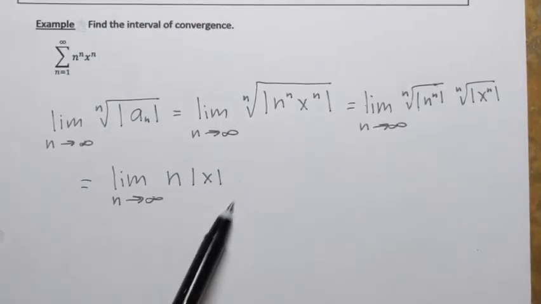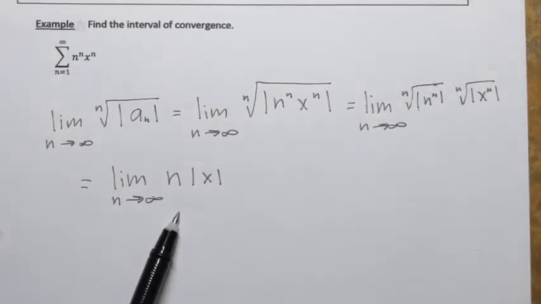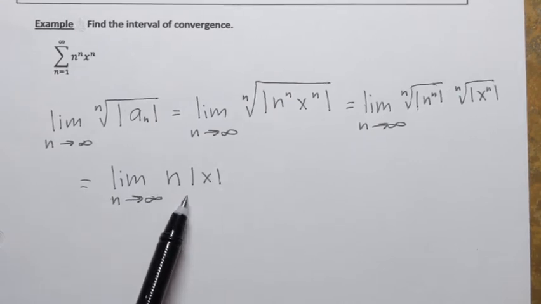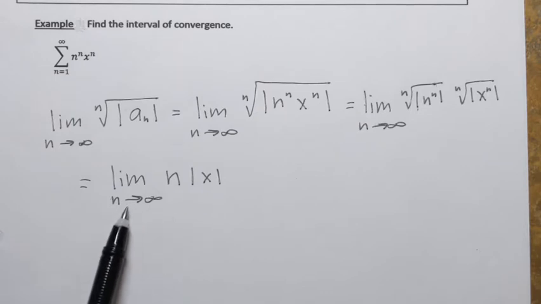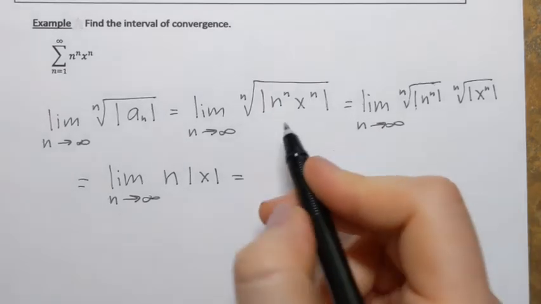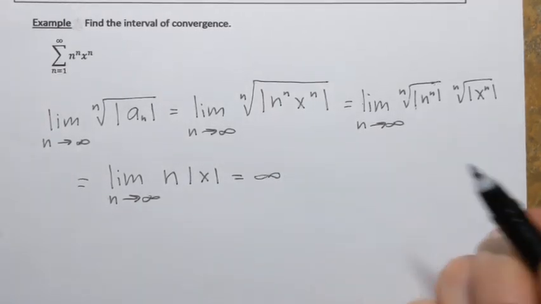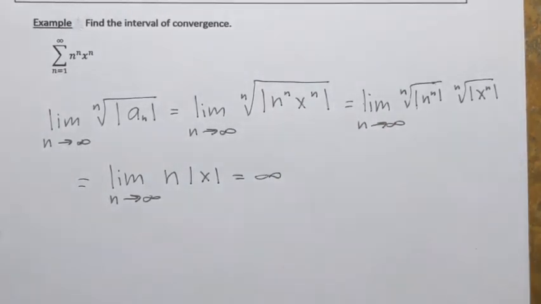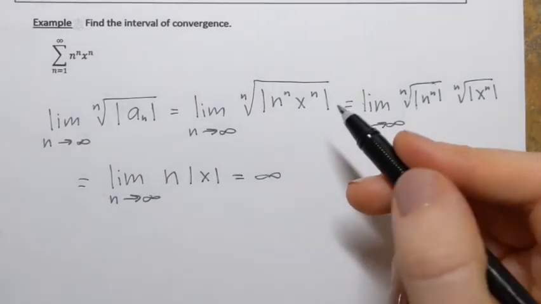So let's look at this limit. What can we say about it? As n approaches infinity, what can we say about this expression? By the way, keep in mind that since our limit is only given with respect to n, we treat x as a constant. So we can see that this limit equals infinity for all values of x except one value.